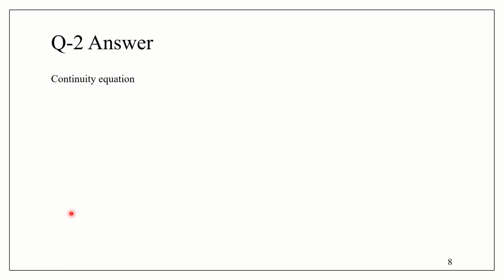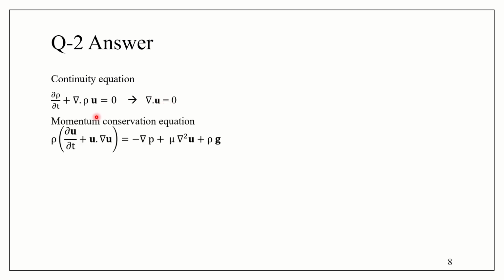We'll just look at it more briefly. The continuity equation is del dot u equal to 0. And the momentum conservation equation, if we write it in vector notation, we would get this equation. The left hand side would become 0 and we would be left with this. Gravitational force, again, we would be neglecting because of the assumptions.